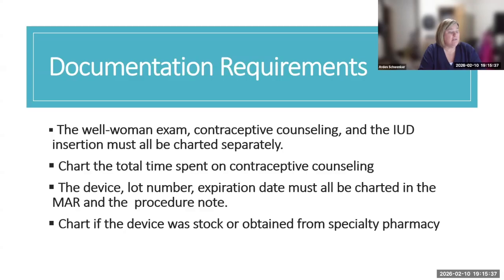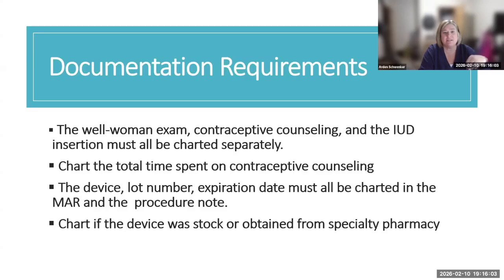And then on the IUD, or if you're doing a Nexplanon or whatever it is that you are doing, you need to make sure you chart the device, the lot number, the expiration date, and if you have it, the NDC code. Now, those of you in larger healthcare systems, you're scanning a barcode, it's all going into Epic or Cerner.